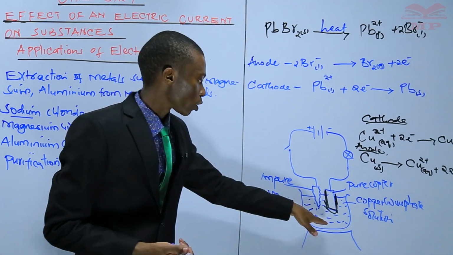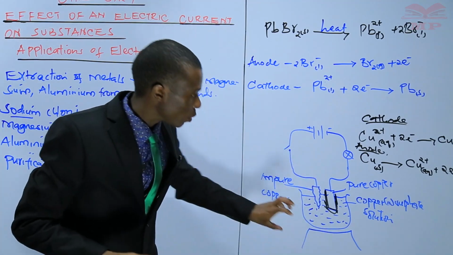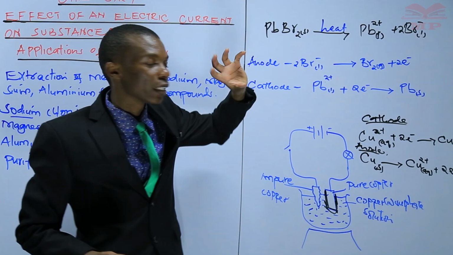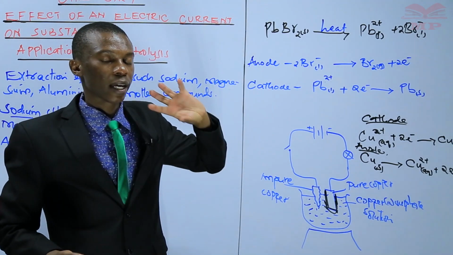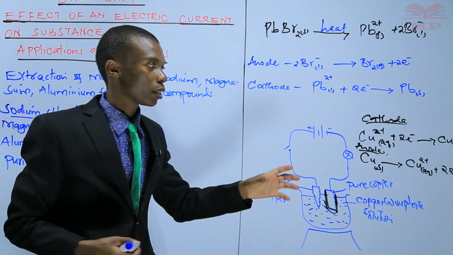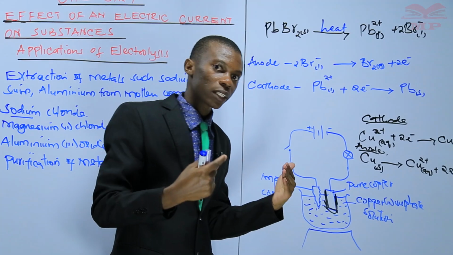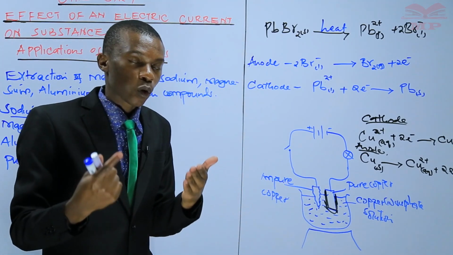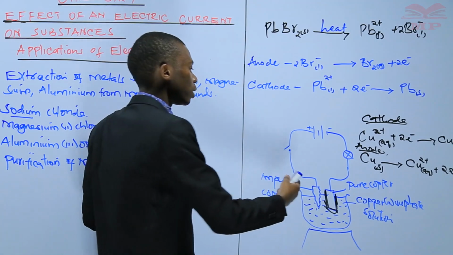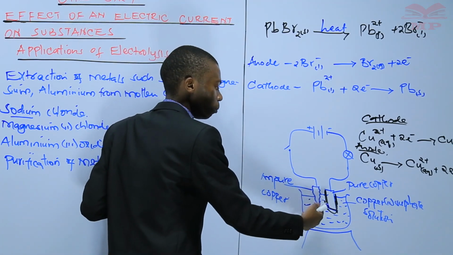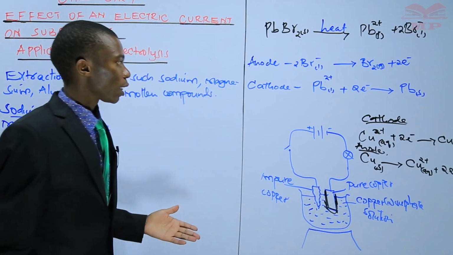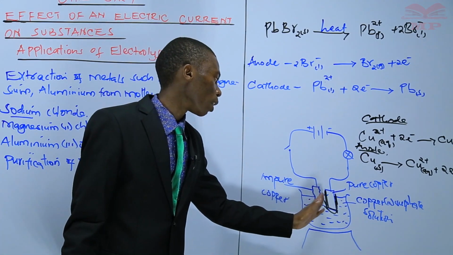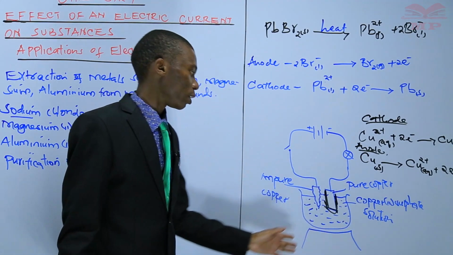The copper ions join the solution, and the copper ions in the solution get attracted towards the cathode, and when they get attracted towards the cathode, then they gain electrons and they are deposited as the copper metal, and therefore the impurities will be left out, and this impure copper will have been purified.